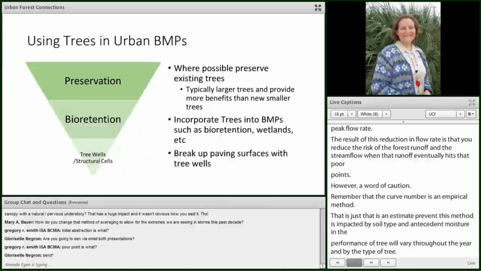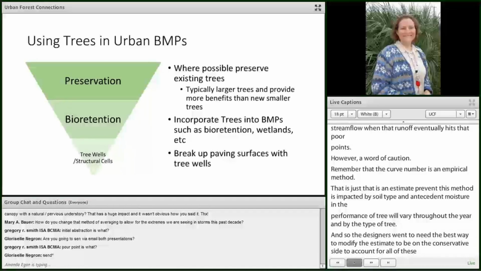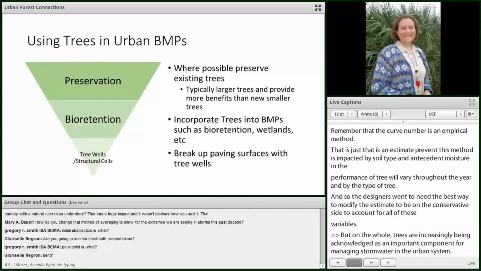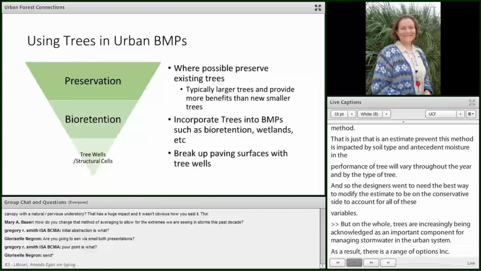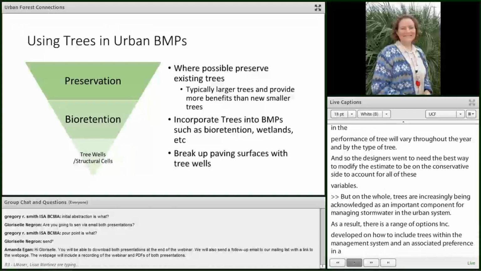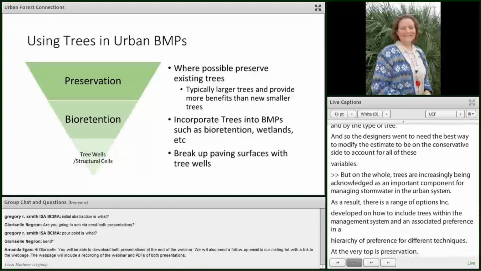But on the whole, trees are increasingly being acknowledged as an important component for managing stormwater in the urban system. As a result, there's a range of options that are being developed on how to include trees within the management system, and an associated hierarchy of preference for different techniques. At the very top is preservation. This makes sense. If you have a very large tree that's giving you many benefits already, you want to maintain those benefits.